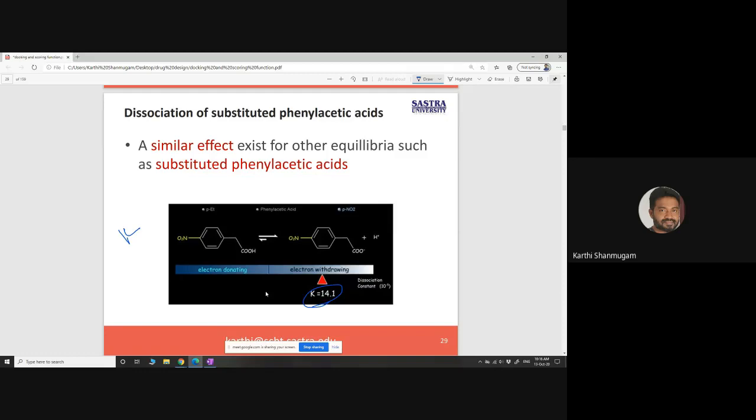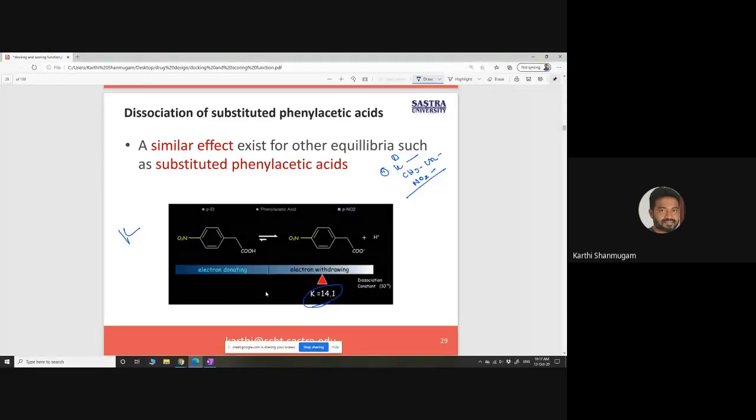So he did 6 experiments. First, he chose the benzoic acid series. He calculated the K value for benzoic acid. Then he replaced the hydrogen at the para position with CH3CH2 and calculated the K value. Then he replaced that hydrogen with an NO2 group and calculated the K value. So three experiments related to benzoic acid.